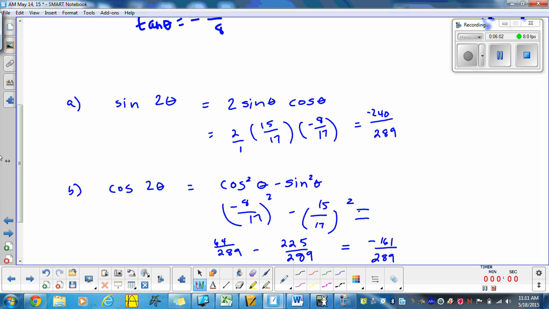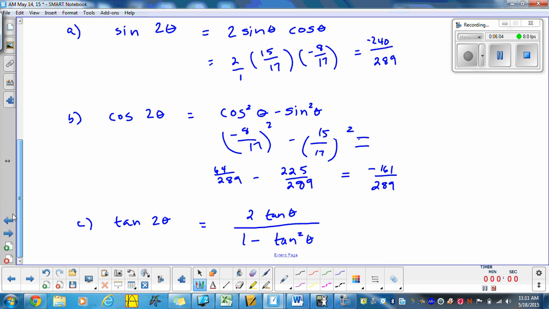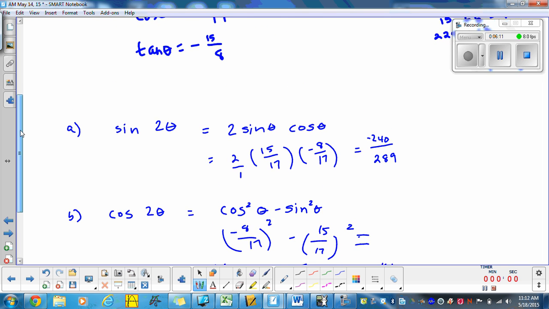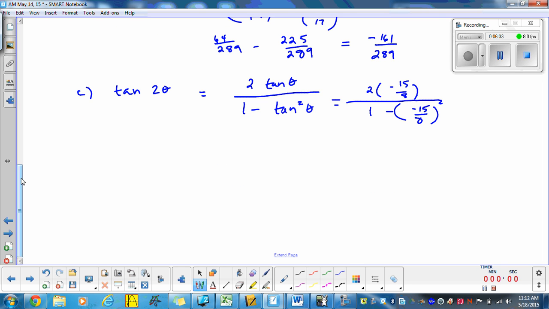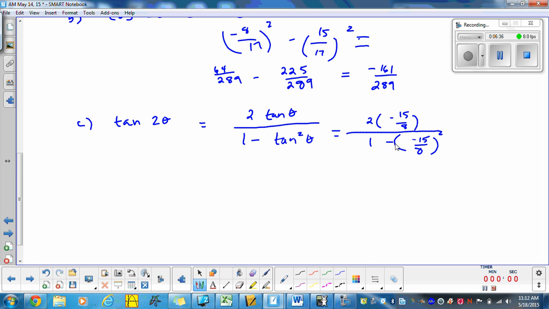Okay, next we're going to take a look at the tangent. And so, thinking about the tangent, we have 2 times the tangent of theta, and the tangent was negative 15/8. So we have 2 times negative 15/8. And this is going to be 1 minus negative 15/8 squared. Now, without a calculator, some of us are kind of stuck with this, but the fraction piece of it is not too bad.